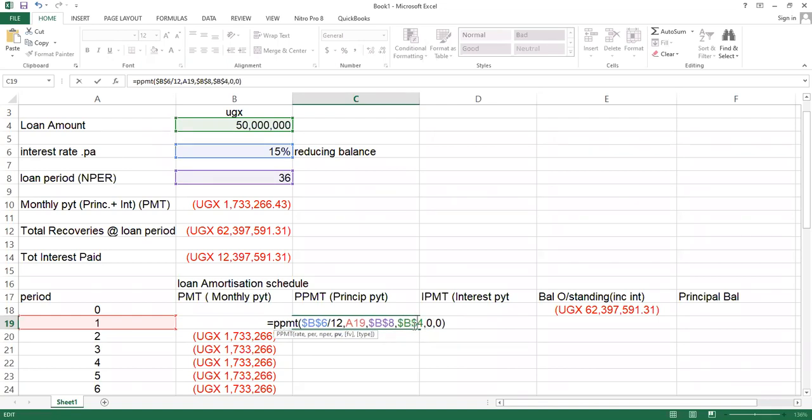Yes, Boaz, any issue? My question is on the point of locking. When you look at B6, I stand to be corrected, I would think B6 is one cell. No, yes, it is one cell, B6.